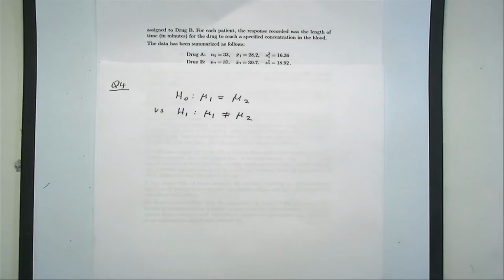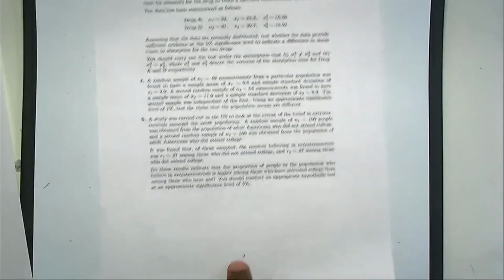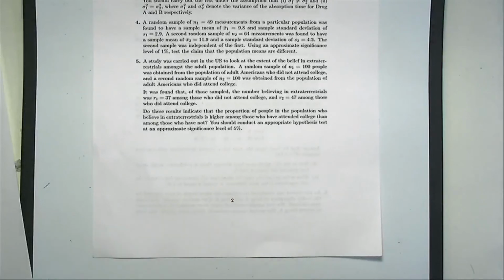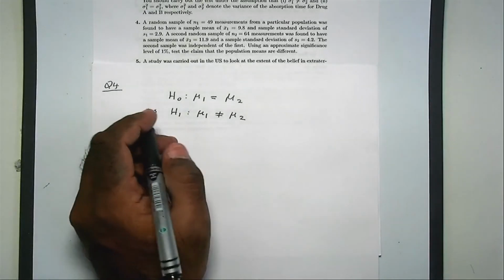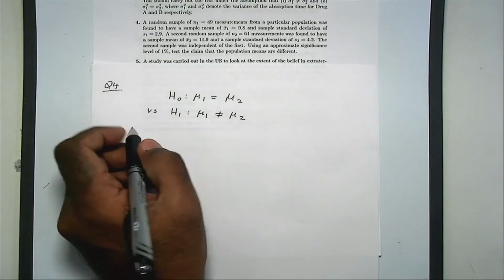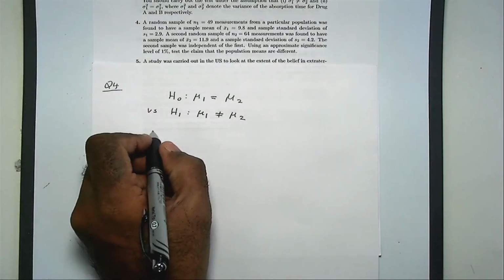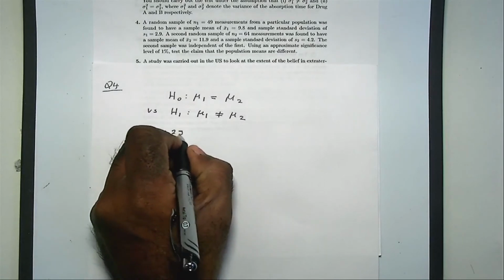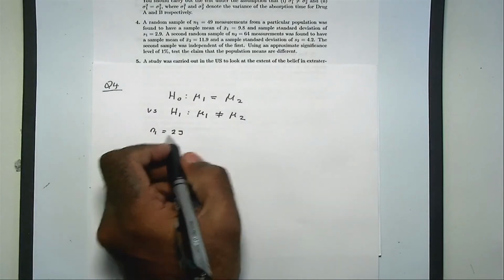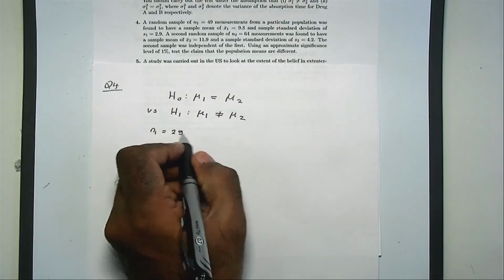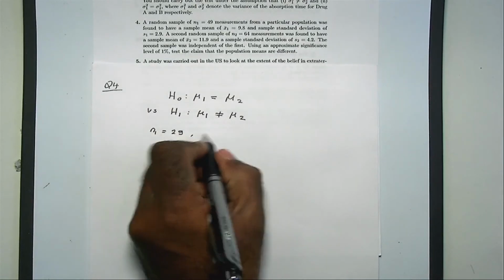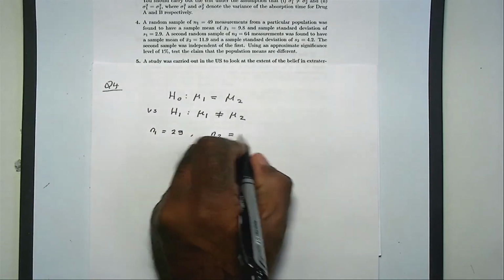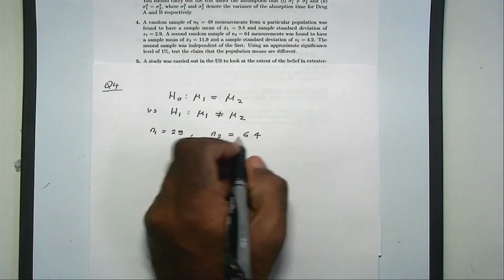Now let's write down what we are given in the question. Let me put this up here so you can see it. You are told that the sample from the first population is of size 29, and the sample from the second population is of size 64.